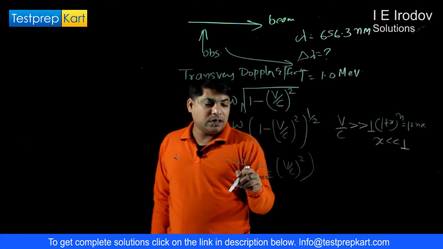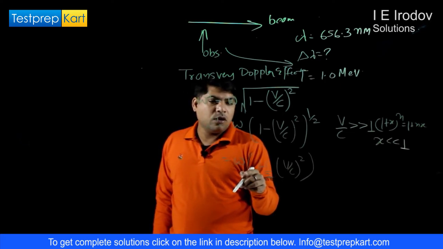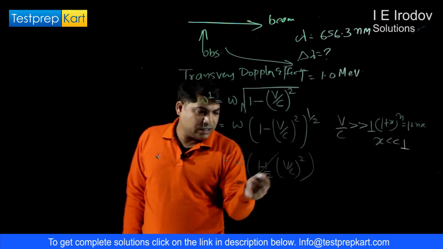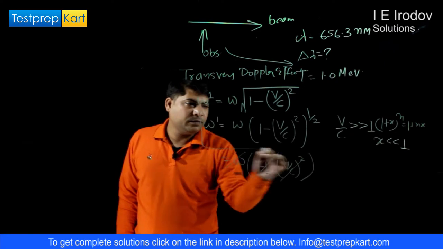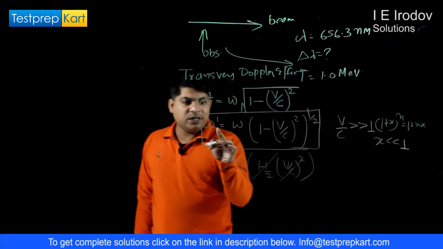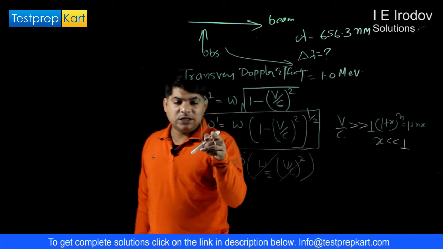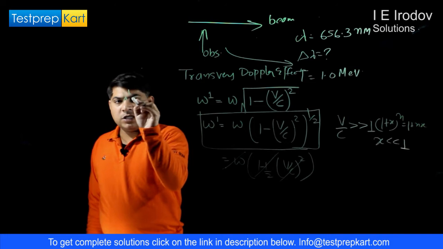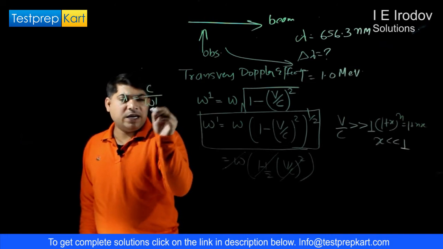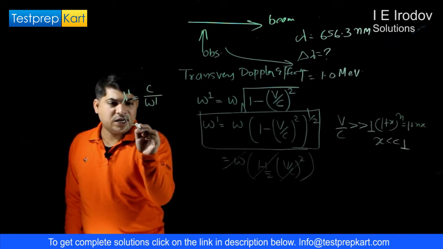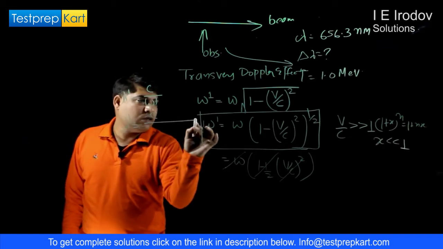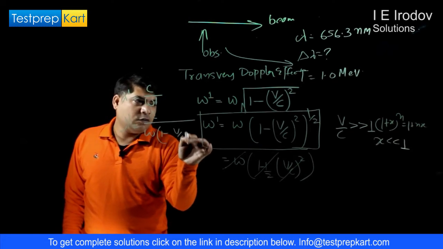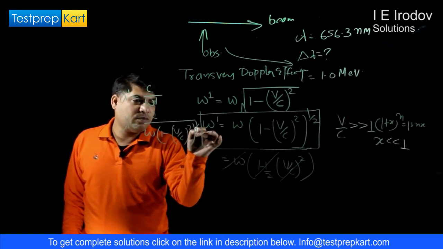So from here we can take some other advantage of this. Let's leave this term right now. If we want to calculate the wavelength received by this observer, then lambda dash must be equal to C upon omega dash. So lambda dash is equal to C upon omega into (1 minus (V by C) whole square) to the power minus 1 by 2.